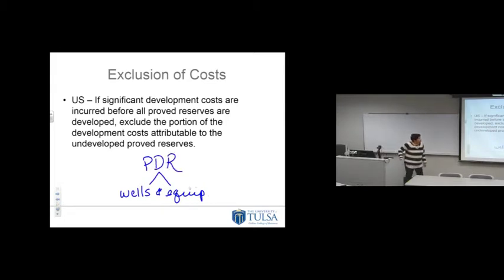Well, aren't all the proved reserves going to go through the same production facility? They sure are, so that doesn't seem to make sense. If I haven't developed all my reserves yet, I'm not doing a good matching. I'm taking a huge amount of wells and equipment and writing them off over a relatively smaller number of reserves than those wells and equipment are actually going to be able to produce as far as this platform is concerned.